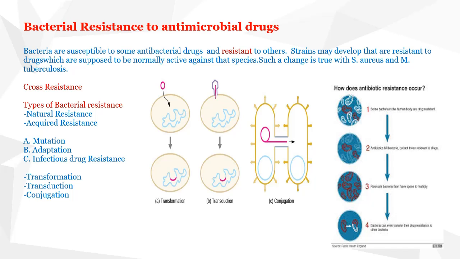There are several mechanisms put forth for acquired resistance. One is mutation. Bacterial resistance develops through mutation. A large population of antibiotic-susceptible bacteria is likely to contain some percentage of mutant bacteria that are resistant to the drug.